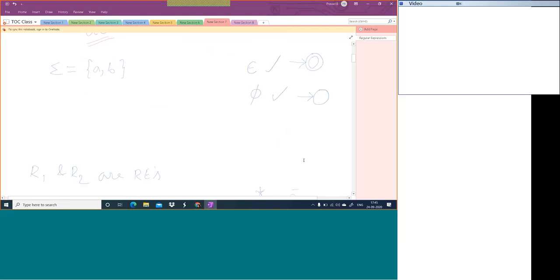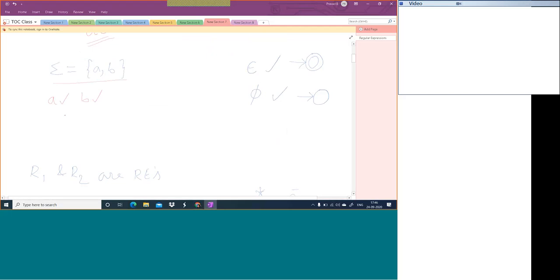Every element of sigma. Here sigma is {A, B}. Every element, that is A, is a regular expression. Every element of sigma is a regular expression. A is a regular expression, B is a regular expression, and any combination over this input alphabet is a regular expression.